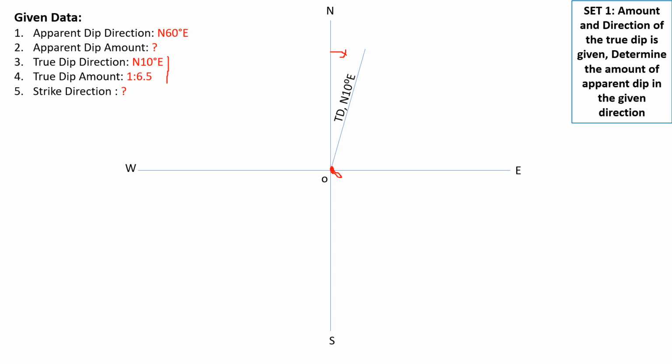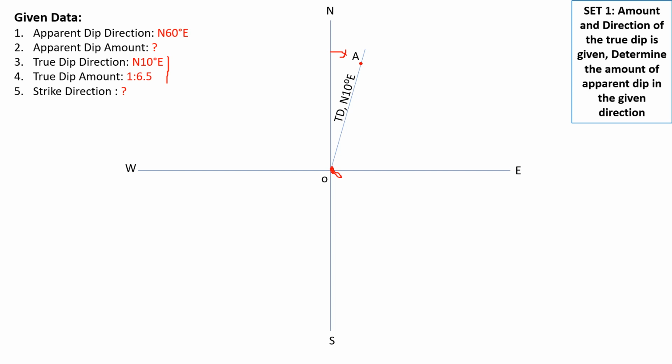Then I'll write down the meaning of this line: this is the true dip, north 10 degrees east. Then I'll measure 6.5 from point O on this line and mark it as my point. I'll name this point as point A.